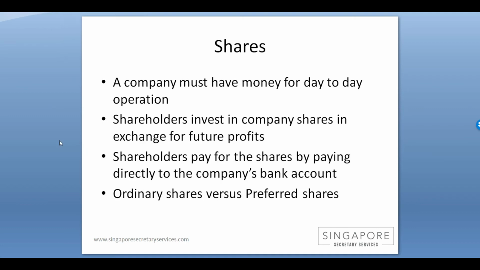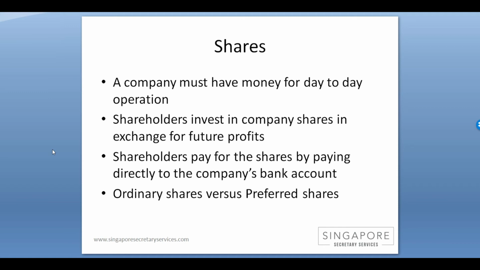So for shares, a company must have money for day-to-day operation, like what I mentioned. The shareholders invest in company shares in exchange for future profits. How you get future profits is that normally dividends are issued out to shareholders. If the company makes money, then the dividends are issued out to shareholders. The shareholders pay for the shares by paying directly to the company's bank account.